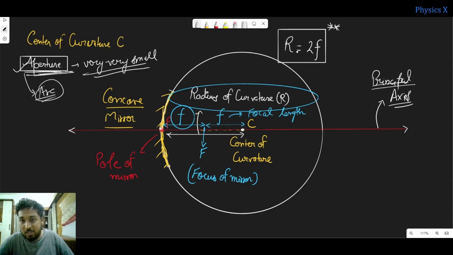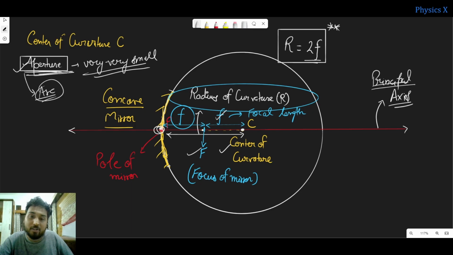Then only the radius of curvature is equal to twice the focal length. So this is all about the terminologies. You must know what the center of curvature, focal length, focus point and pole are. The pole is the center of a mirror, through which the principal axis is passing, and it connects the center of curvature, focus point and pole.